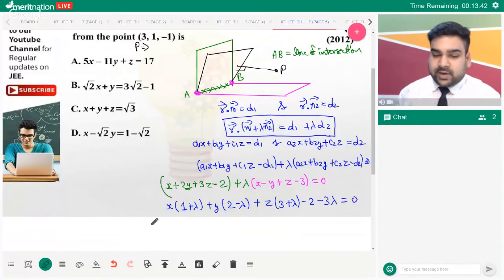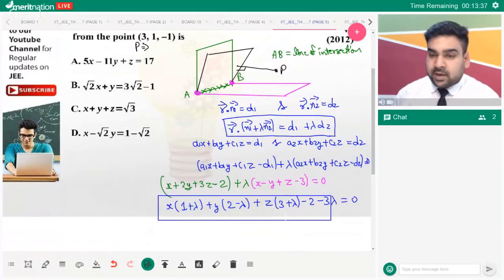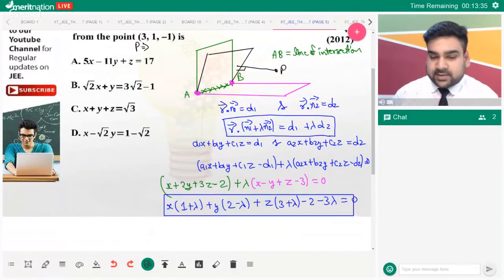This will be your equation of the required plane. In fact, for different values of lambda, this single equation represents all the planes passing through the line AB.